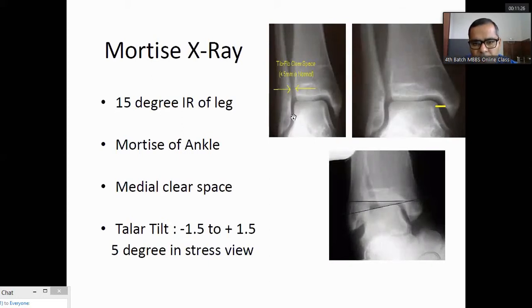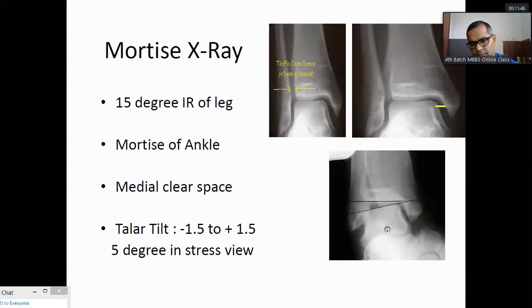These should be 4 millimeters. If it is more than 4 millimeters, like in this view, it suggests there is a tear of the medial collateral ligament. And talar tilt is actually done as a stress view.